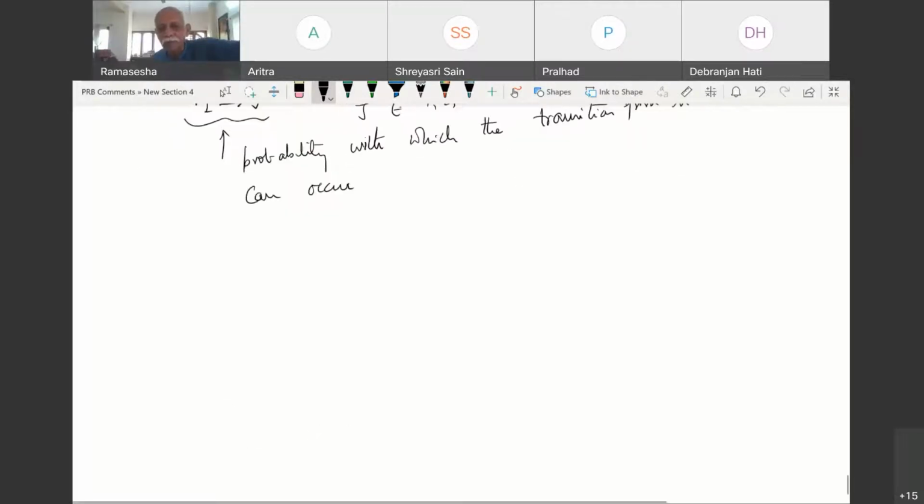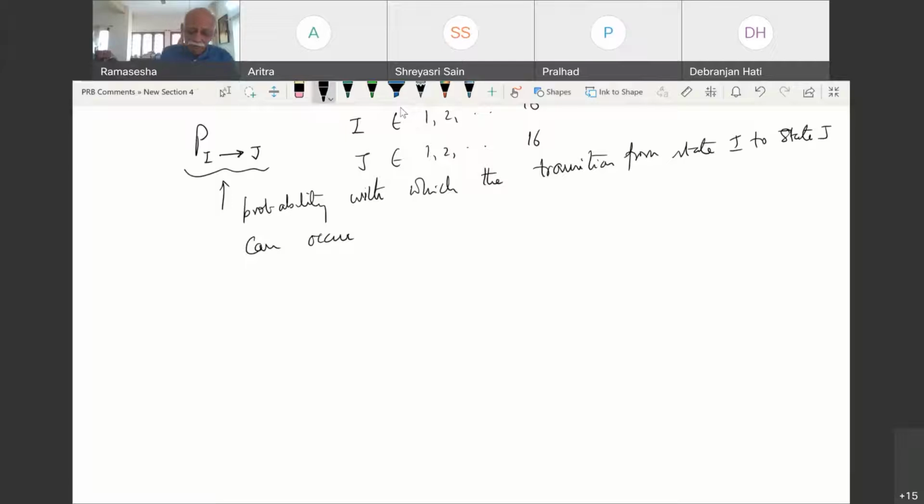So what we have is the following: I have a probability matrix, which I can write as P11, P12 to P116.